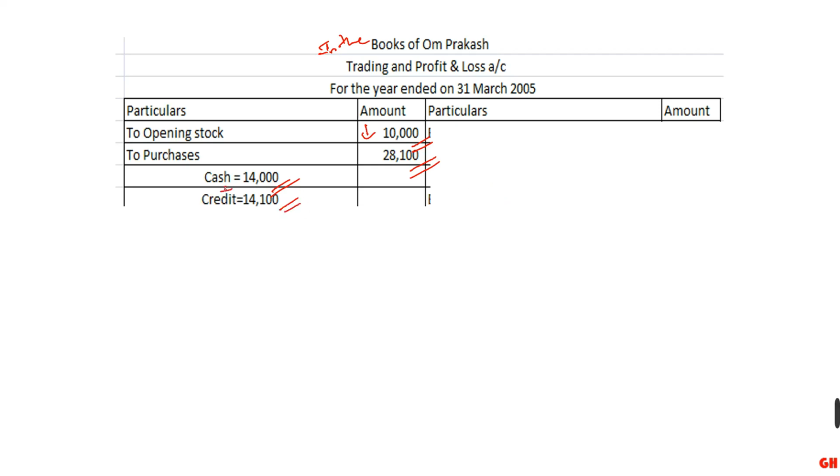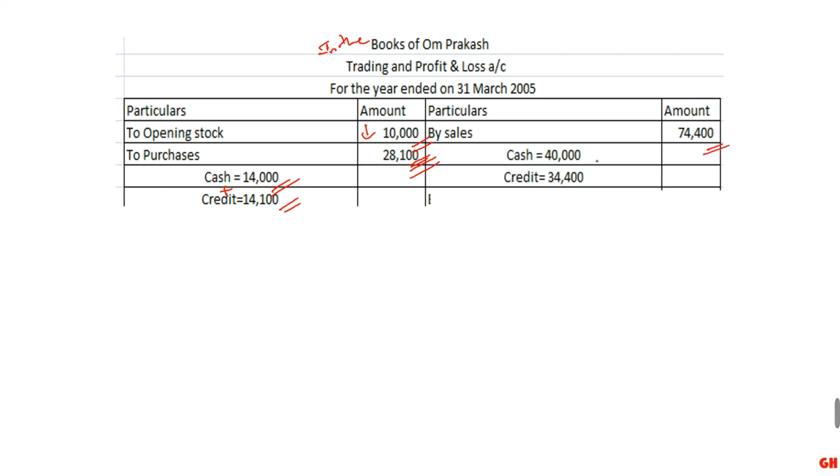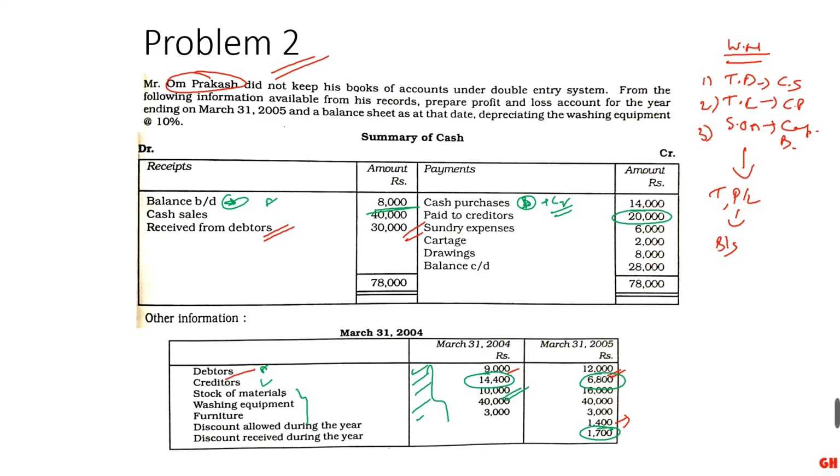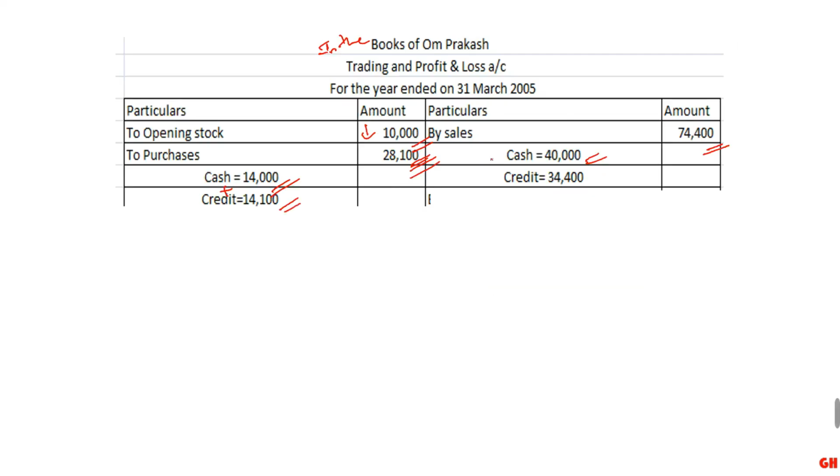If we add both, we get purchases 28,800. After that, by sales 74,400. Cash sales of 40,000 we have taken from the cash book, cash account, and credit sales we have already calculated.